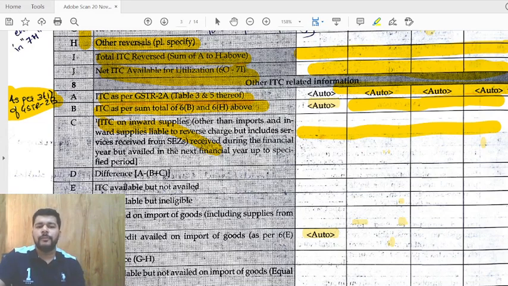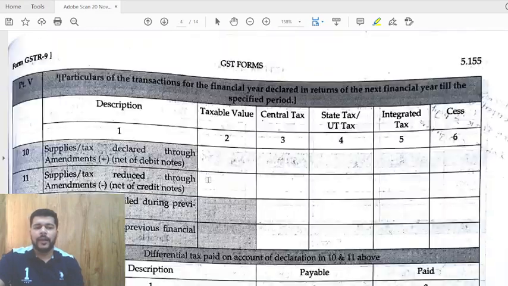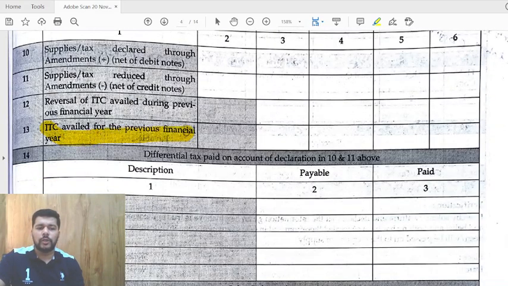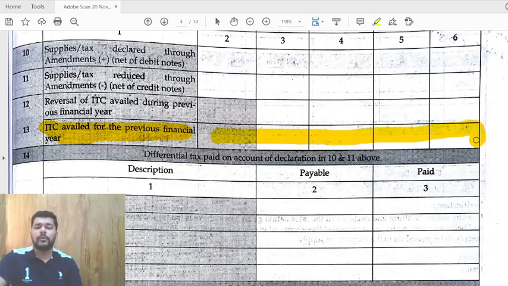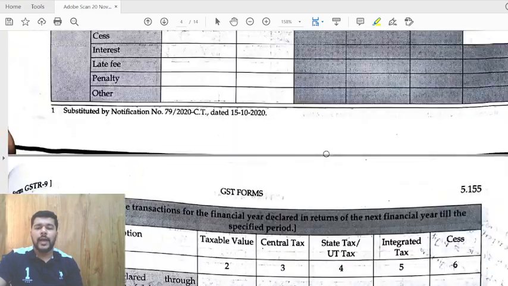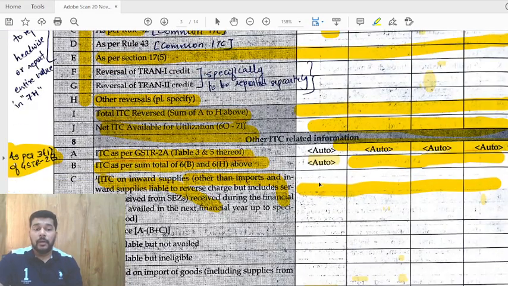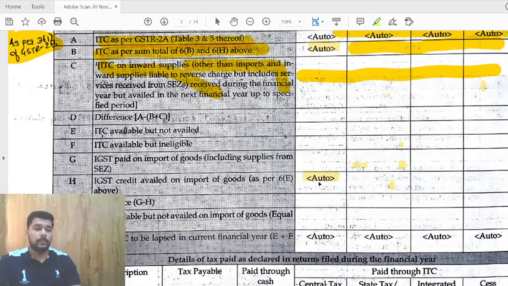Here you see ITC on inward supplies other than imports and inward supplies liable to reverse charge received during the financial year availed in subsequent year. If I come for a second to table number 13, it talks about ITC for the previous financial year. Table number 13 can be equal to or more than table number 8C, because it also includes forward charge purchases, RCM, and imports. So table number 13 can have a greater value as compared to table number 8C. But if by mistake your 8C is showing more value than table 13, then something is wrong in your return. That is a check point that you really need to keep.